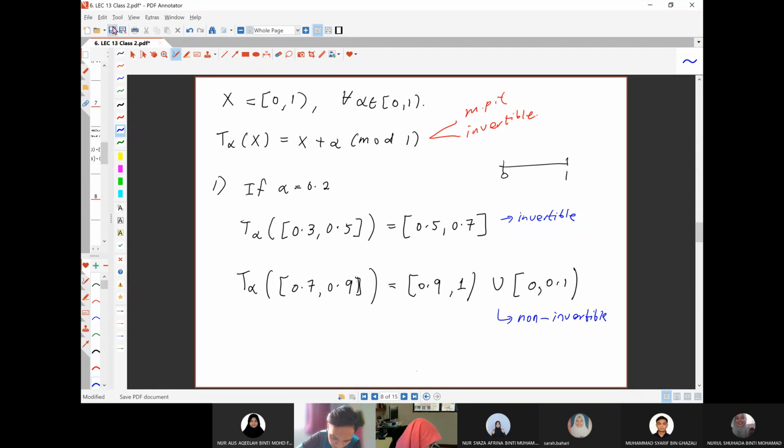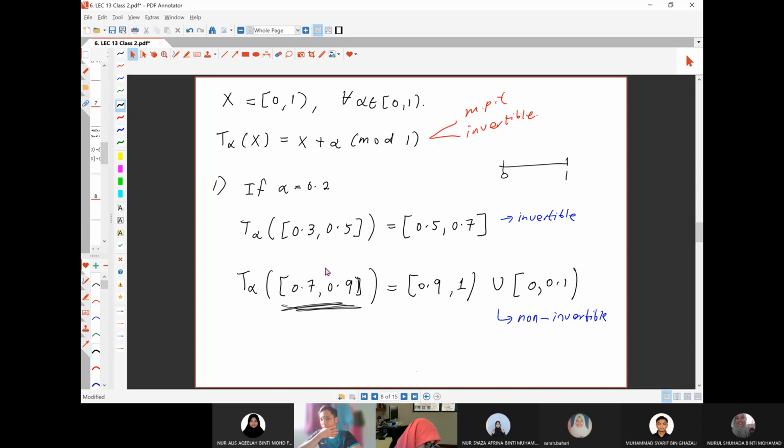For example, if you take the image here, if you take one of the segments here and try to project, you try to find the pre-image of this. It actually has to find both. You cannot find a single pre-image because it has two.